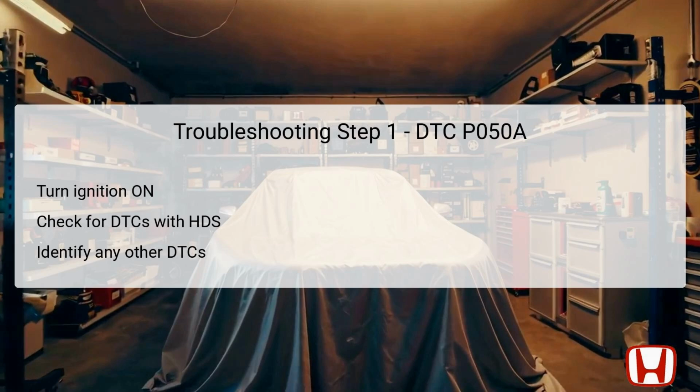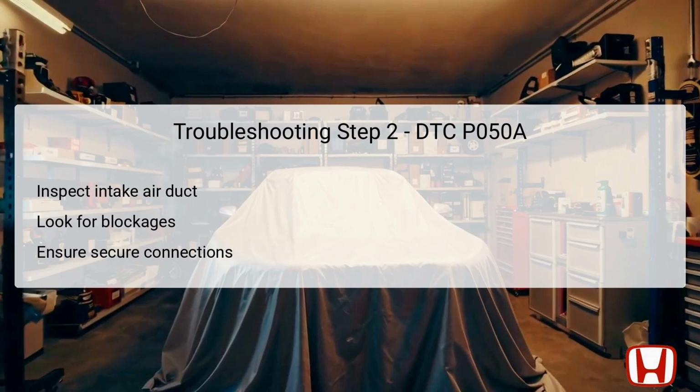It's essential to identify whether any other DTCs are recorded, as these may provide additional insights into other potential issues affecting the vehicle's performance. If additional DTCs are detected, they must be addressed first using their specific troubleshooting protocols. If no other DTCs are present, this will lead to the subsequent troubleshooting step for diagnosing P050A specifically.